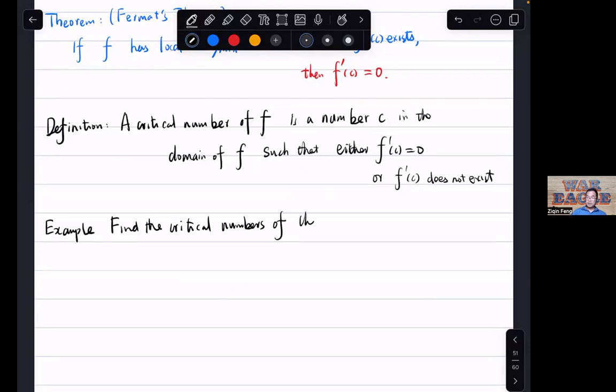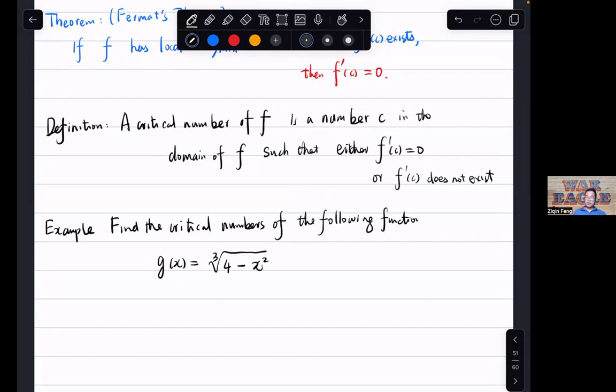For the following function, we have g of x equal to the third root of 4 minus x squared.